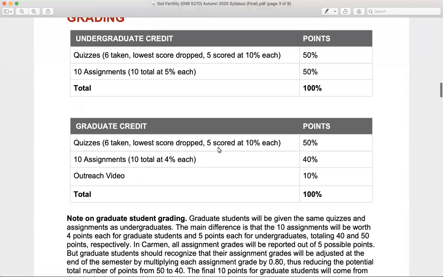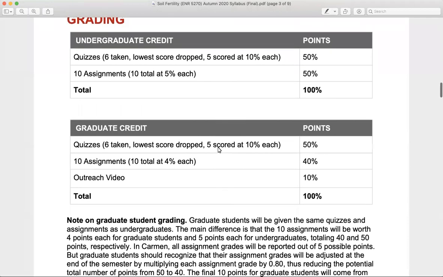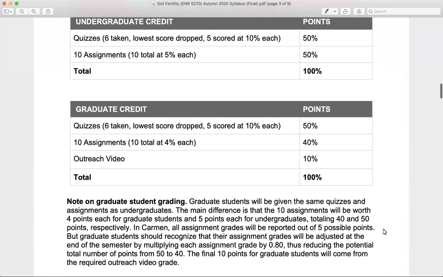One of the things that is slightly confusing, so I want to point it out directly, and I put some convoluted text in the syllabus right here on notes on graduate student grading. So I don't have a great ability in Carmen to make these assignments, which will almost universally be graded in Carmen, worth 5 points for undergrads and 4 points for graduates.